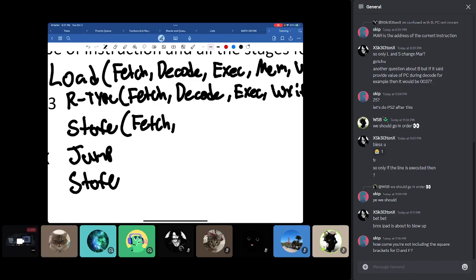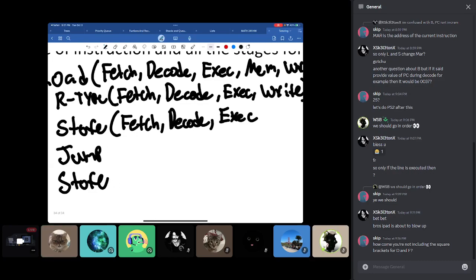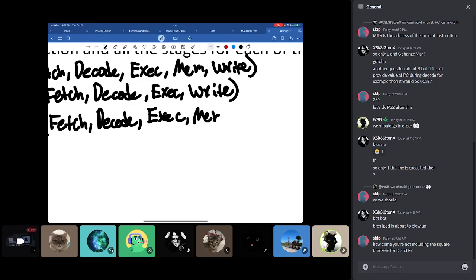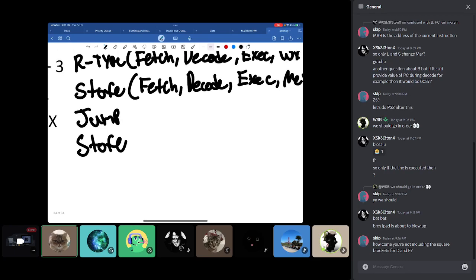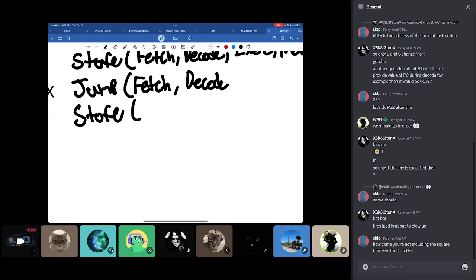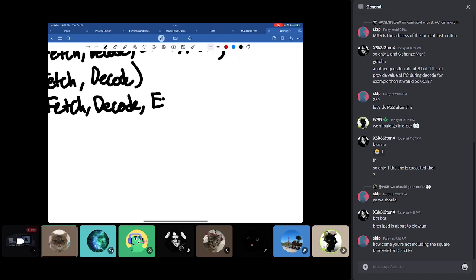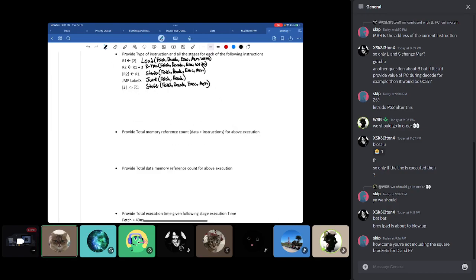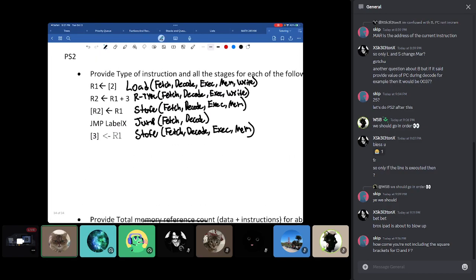Fetch. Decode. Exec. Mem. Jump. Fetch. Decode. Store is fetch. Decode. Exec. Mem. Right. Are there any questions about this part here?